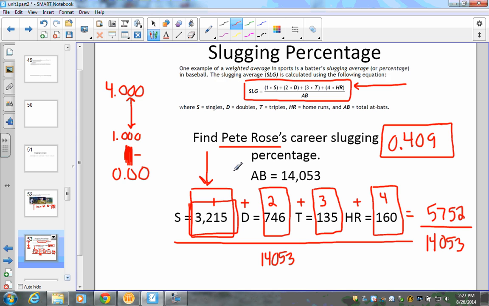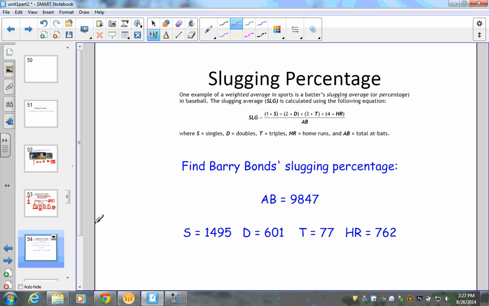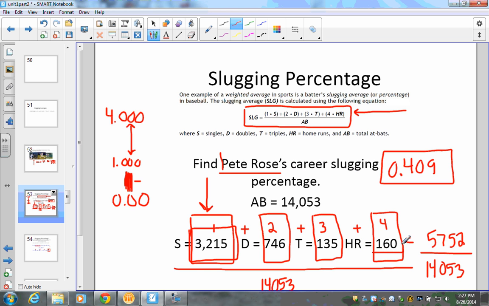All right, so Pete Rose is known for hitting singles, but let's talk about someone who is known for hitting home runs, which is Barry Bonds. This is Barry Bonds' career slugging percentage. Once again, singles is a 1, doubles is a 2, triples is a 3. Notice what's different on Barry is that he has 762 career home runs as opposed to Pete Rose, who only had 160.